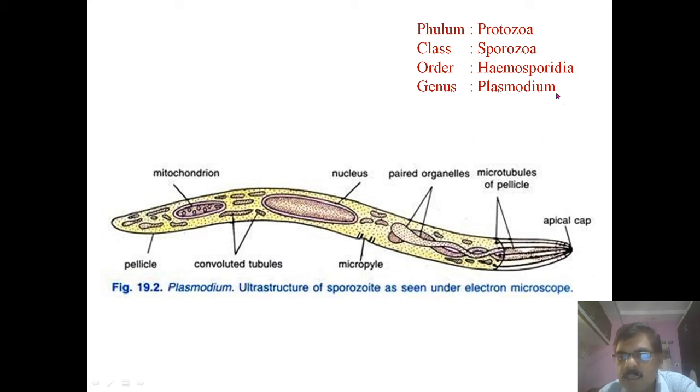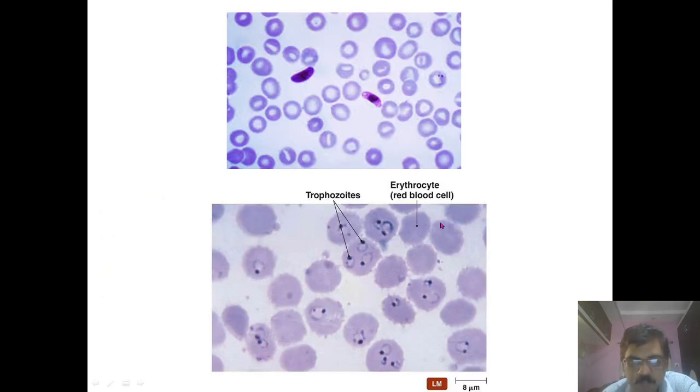You might know the Plasmodium causes the disease malaria, and it completes its life cycle in two hosts. One is a mosquito and another one is a man. This Plasmodium has mitochondria, cell organelles, then contractile vacuoles, then the nucleus, then ectoplasm, endoplasm, and this is an apical cap, and all these structures.